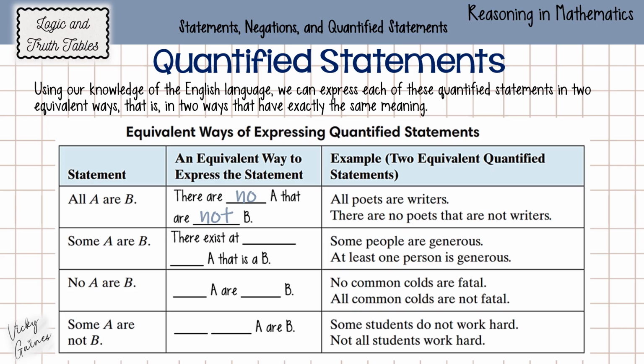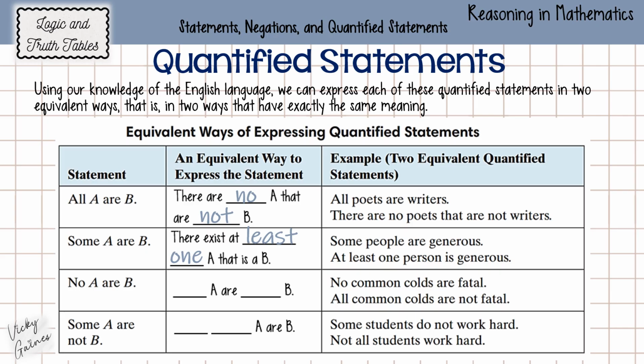Here's another statement. Some A are B. So there exists at least one A that is a B. Okay, if some of them are B, then at least one A must be a B. Example, some people are generous. At least one person is generous. Next statement.